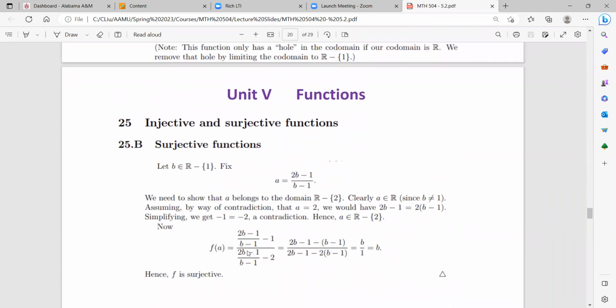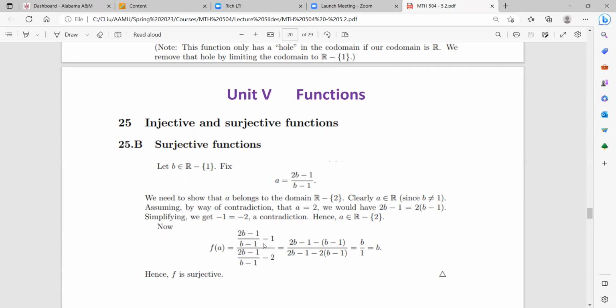Okay, so you just simplify this complex fraction. If you remember, there are two different ways to do it. And the easy way to do it is just multiply the least common denominator of all the fractions on top and at bottom. And in this case, it's b minus 1.